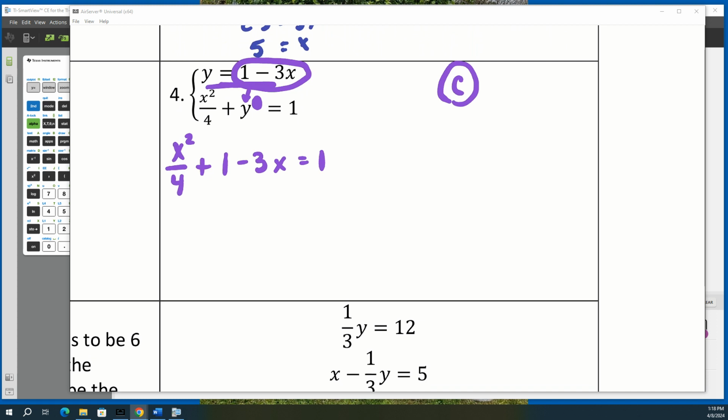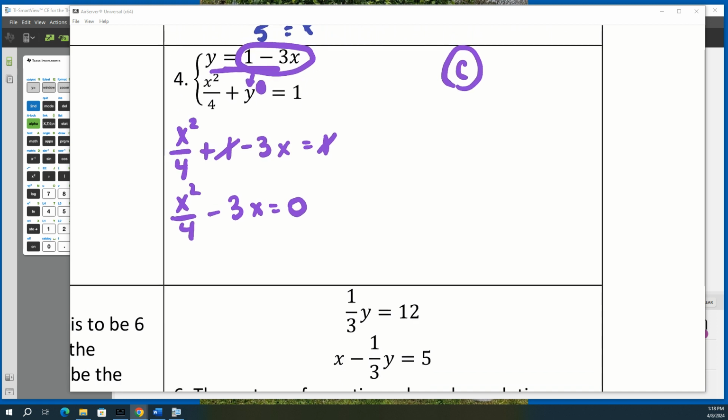What's going to happen to those ones if we try to get them together? They're going to be 0. So the ones basically subtract away. All right. And then what if I don't want that 4 in the denominator? What can I do with it? Good.